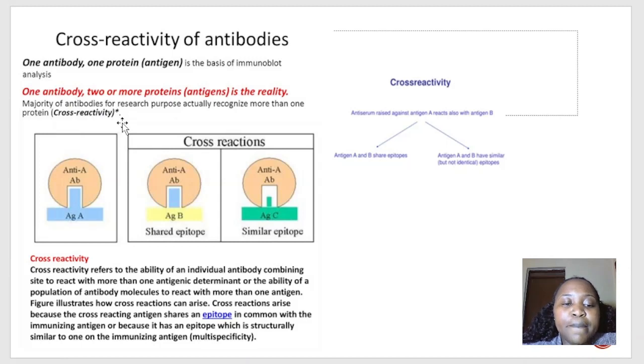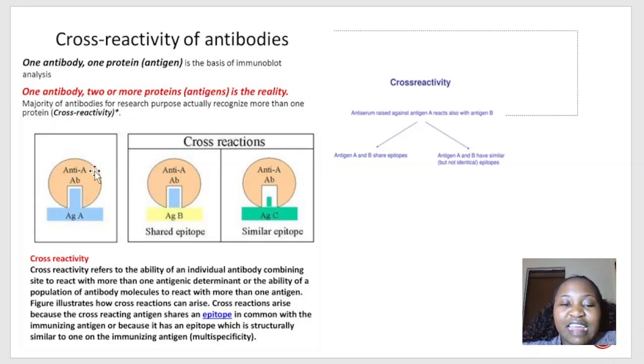If this was antigen A and this was antibody A, you can see the structure here, but you can have a shared epitope with another antigen B here, which looks like antigen A. So the surface antigenic determinant is similar to antigen A.